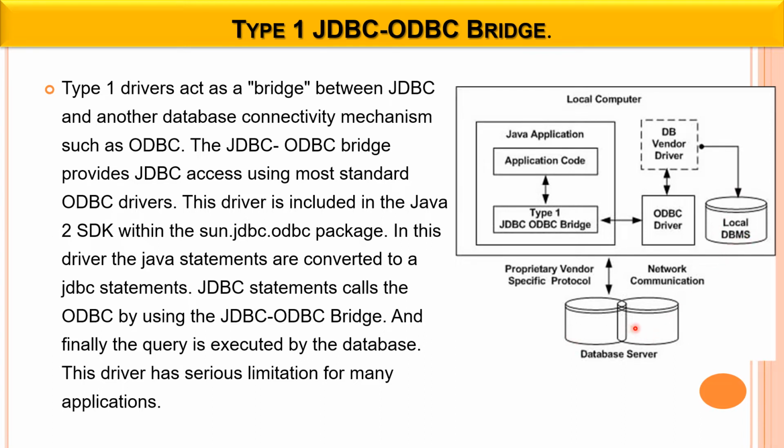Now, the database server has different data stored in a proprietary vendor-specific protocol, and network communication will be done. This JDBC-ODBC bridge will be connected with the ODBC, that is, Open Database Connectivity. So this is the first type.